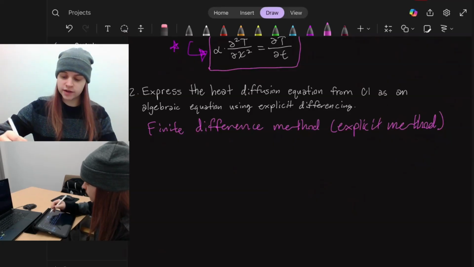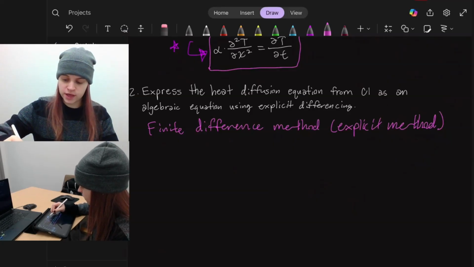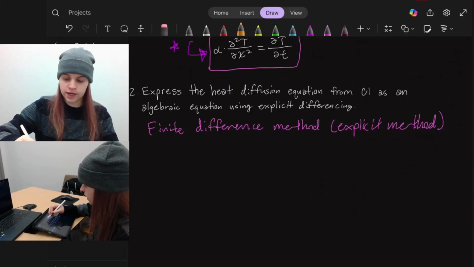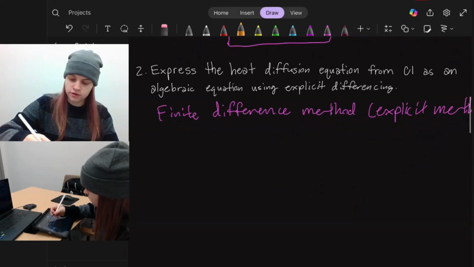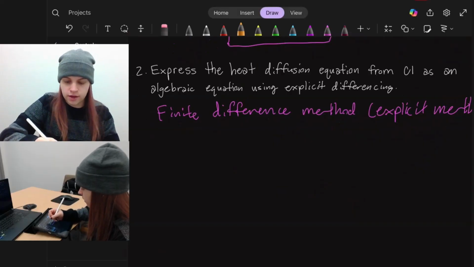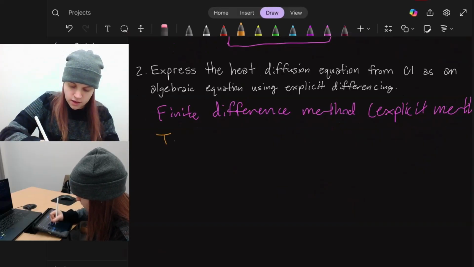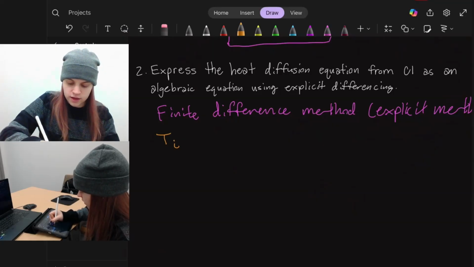And then to define some things and just make it easier to understand, I'm going to write out some of the variables I'll be using. So I'll have a T_i, for example, T_i to the n.